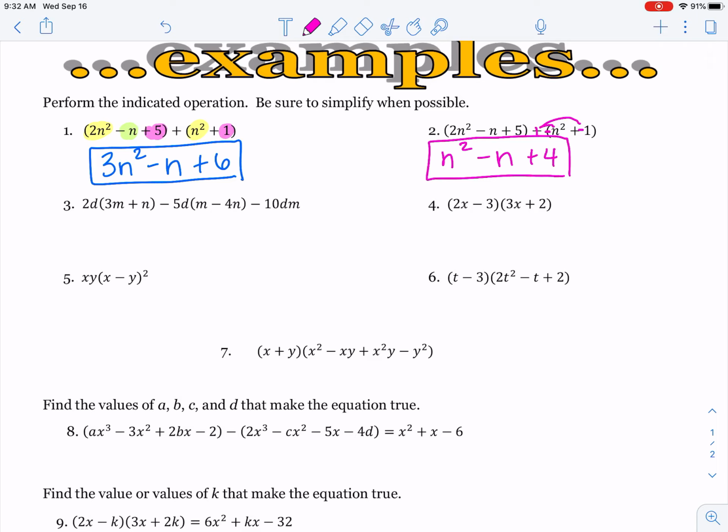In example 3, it is still an addition problem, but before we can do that, we want to distribute. So that's going to be 6dm plus 2dn. Distribute once again, minus 5dm plus 20dn minus 10dm.